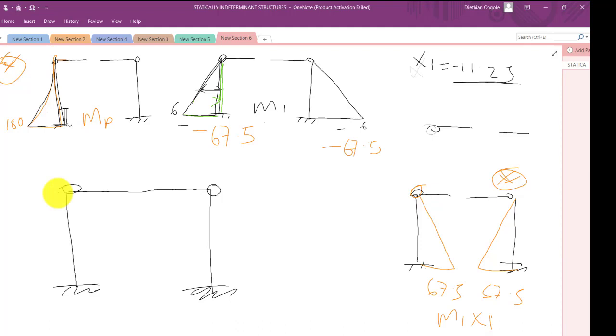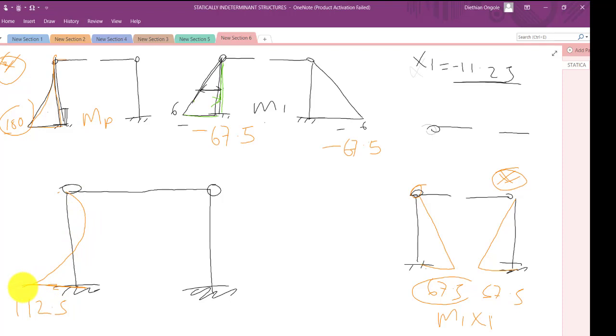Then for this bottom part I have 180, here I have 67.5 but on the opposite side. So I'll take 180 minus 67.5, and that would give me 112.5. Therefore, at this point, I would have my moment as 112.5.